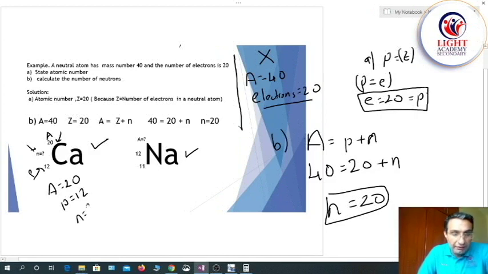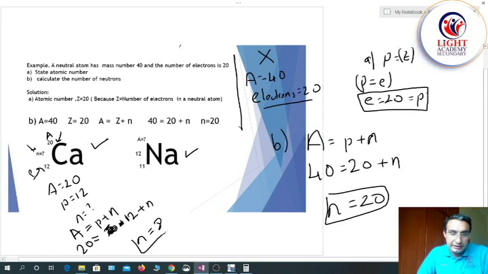According to the formula, A is equal to P plus N, so 20 equals 12 plus N, and N is equal to 8.